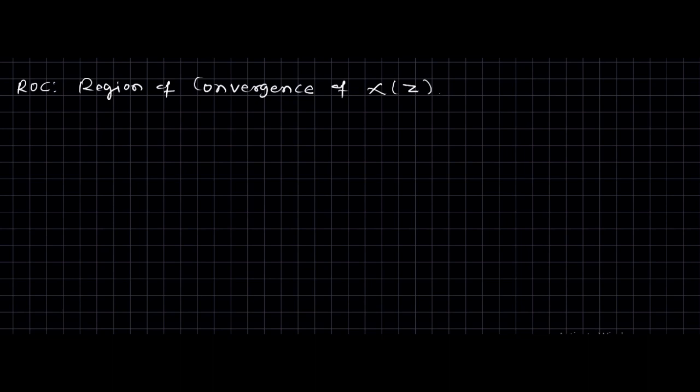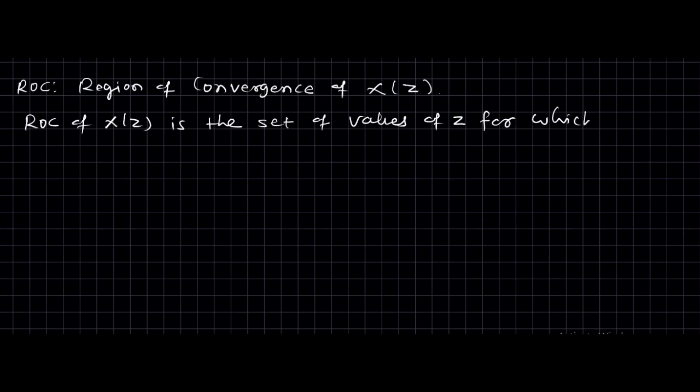The region of convergence of X of z is the set of values of z for which X of z attains a finite value.